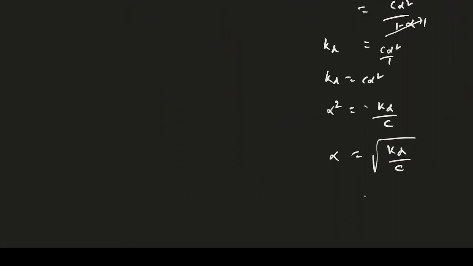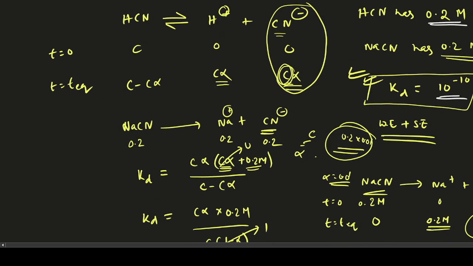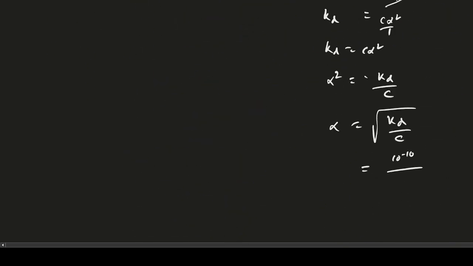So alpha is the root of 10 raised to minus 10 divided by 0.2, that is 2 into 10 raised to minus 1.